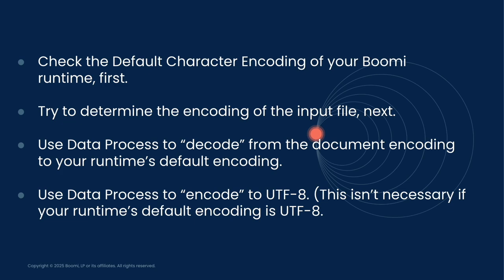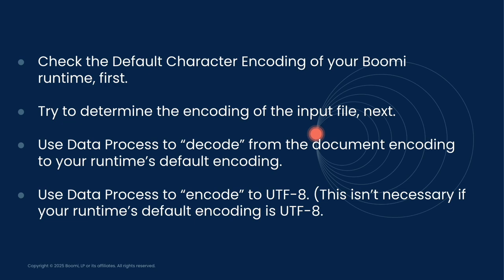It helps if you know the type of system that the file came from. If it's a Windows-based system, it might not be a UTF-8 file. It might be a Windows 1252 encoded file, or it could be a slightly different format.